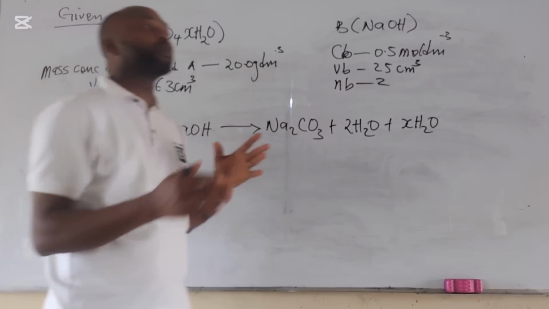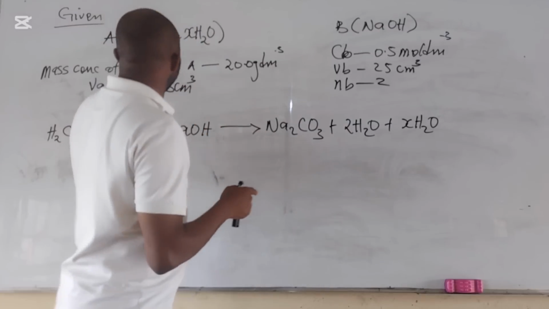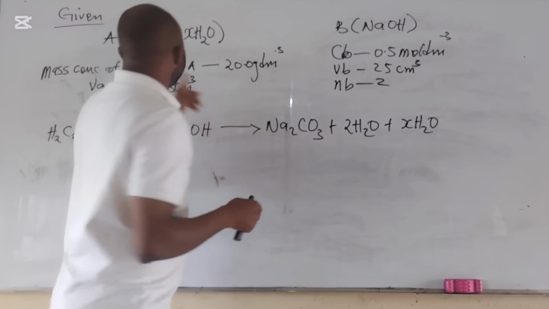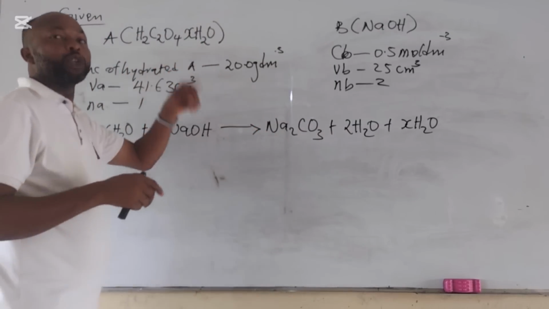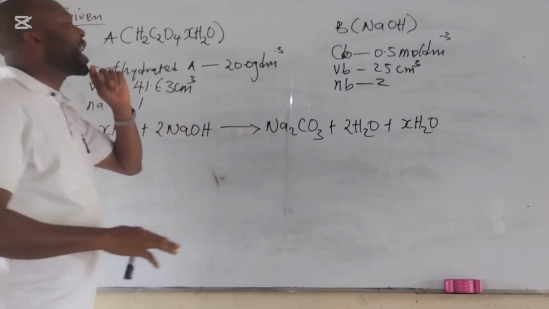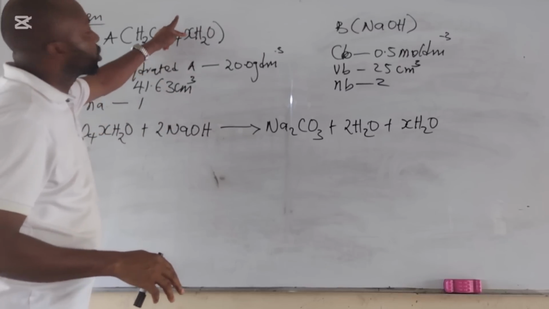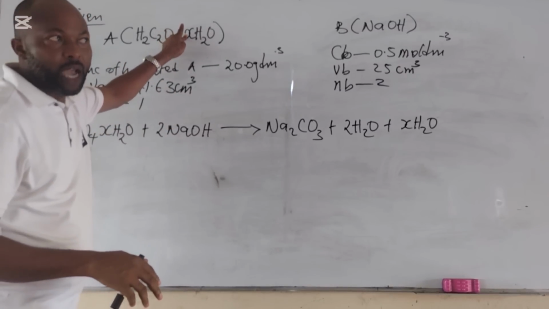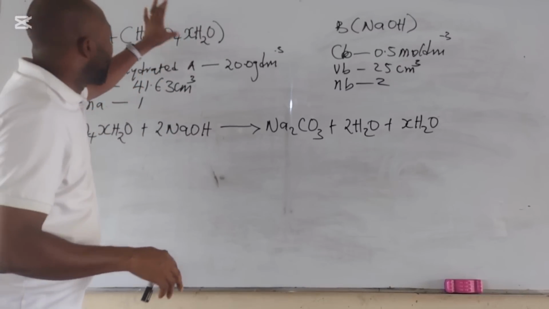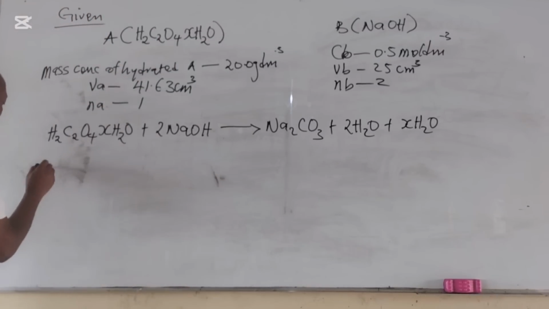The only thing missing in order for us to use our CAVA formula is the CA. If we use any other formula, for example, mass concentration over relative molecular mass, we don't know x, so that formula will not work, and perhaps this is for the hydrated. So let's proceed. For us to get the molar concentration, 1.